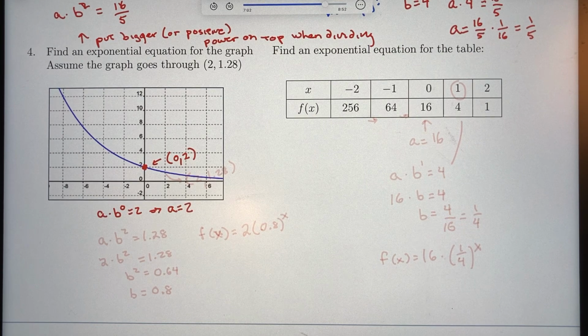Okay, and then it says it goes through 2, 1.28. So what's that? A times b to the 2 is 1.28. Remember, a is 2.